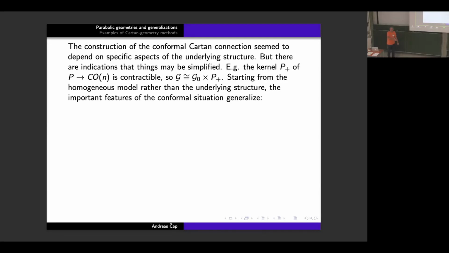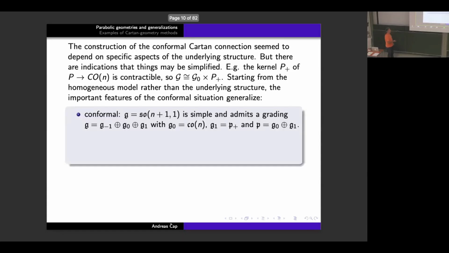So you can get to these geometric structures that correspond to Hermitian symmetric spaces, but actually it gets much more general. And the starting point of this is a more precise description of the conformal case from a Lie algebraic point of view. So as you know, we started for the homogeneous model from a Lorentz group.